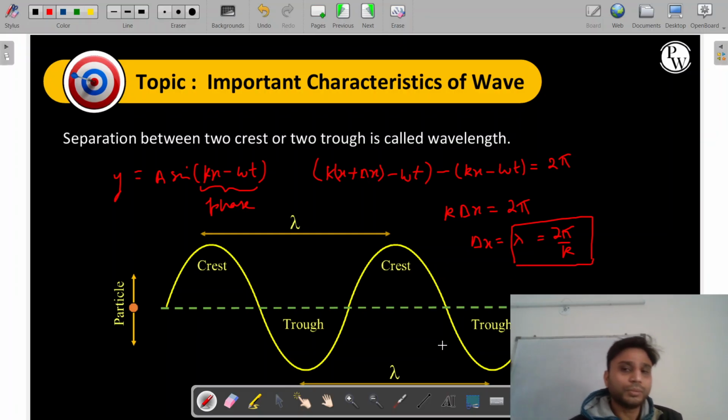So this is what we mean by wavelength of the wave. It is basically the distance between two consecutive points which are in the same phase.